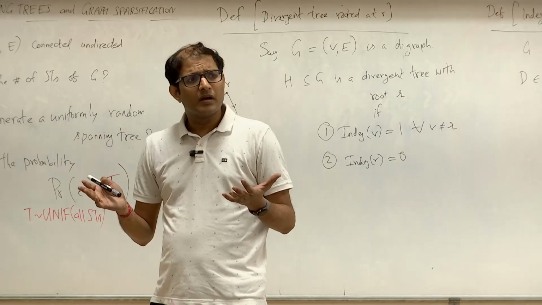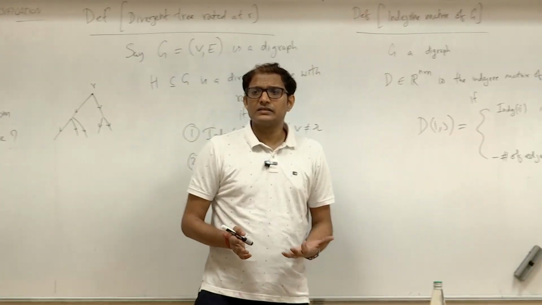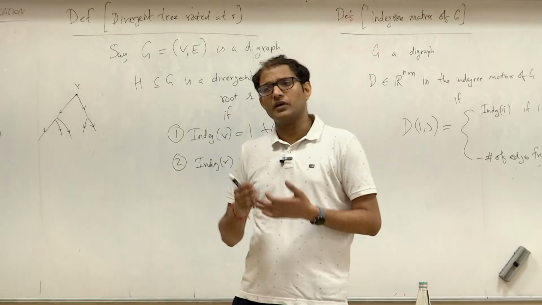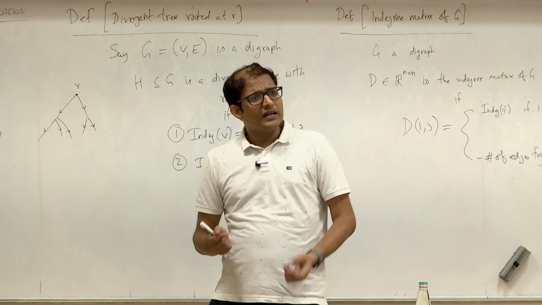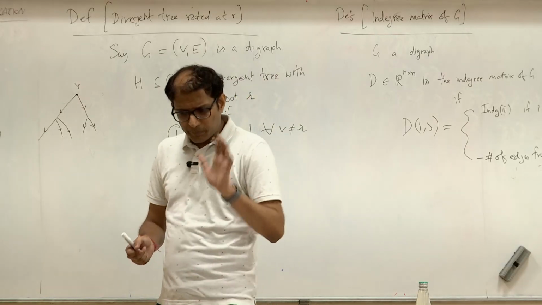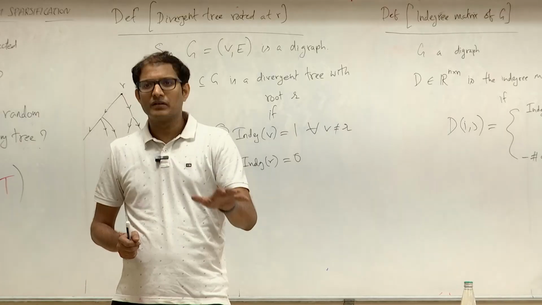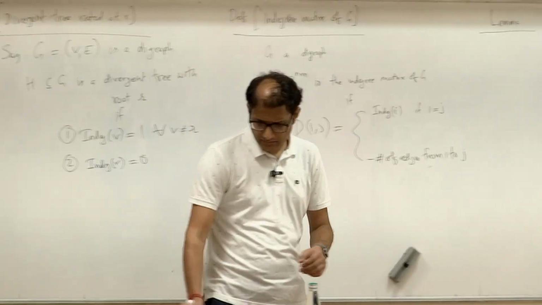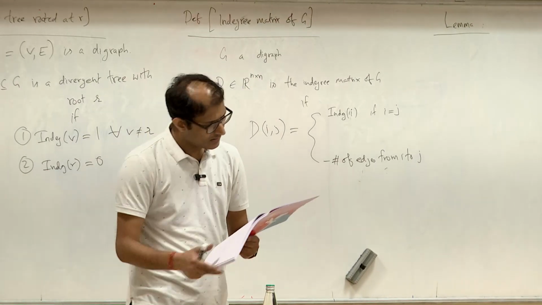I'd like to understand if that directed graph in fact corresponds to a divergent tree. That's the question I'm asking. That is, recognize the footprint, the in degree footprint, of a divergent tree. So let's see what that statement looks like. Let me make sure that I get that right.